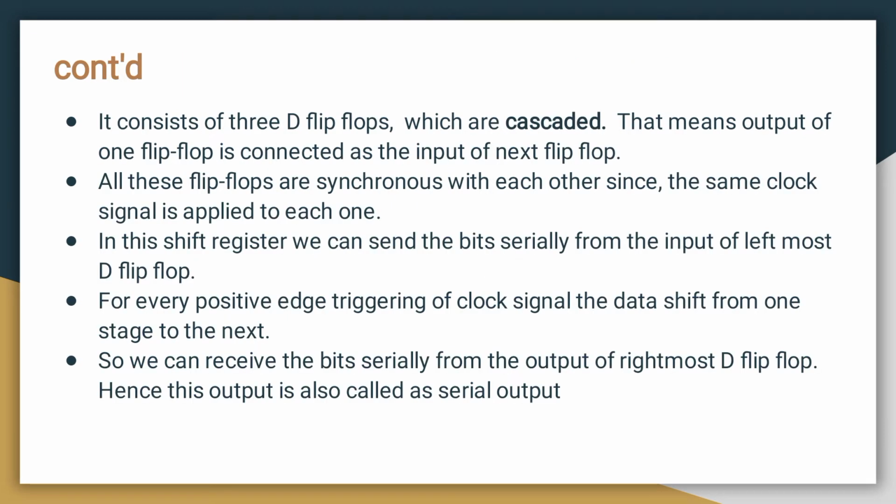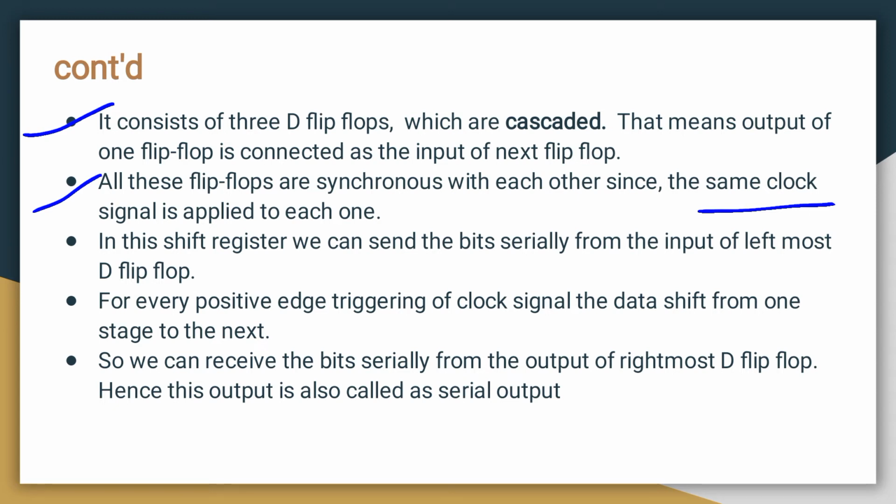So take a look at what we studied in the block diagram. It consists of 3 D flip-flops which are cascaded. That means the output of one flip-flop is connected as the input of the next flip-flop. Then all these flip-flops are synchronous. That means they use the same clock for all the flip-flops.